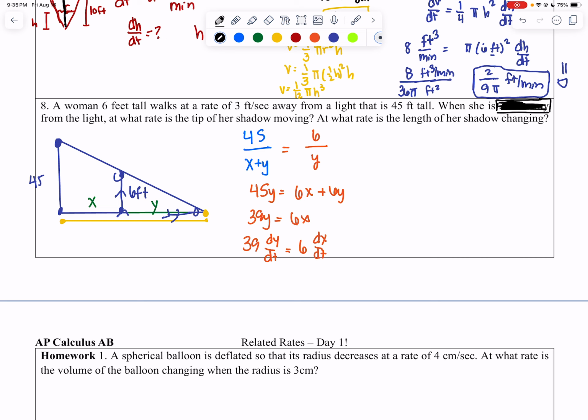Instead, we know that she's walking at a rate of 3 feet per second away from the light. So here she is. She's walking away from the light. So looking at this, that's going to be my X value. She's walking away here. So this tells me that dx/dt is going to be 3.